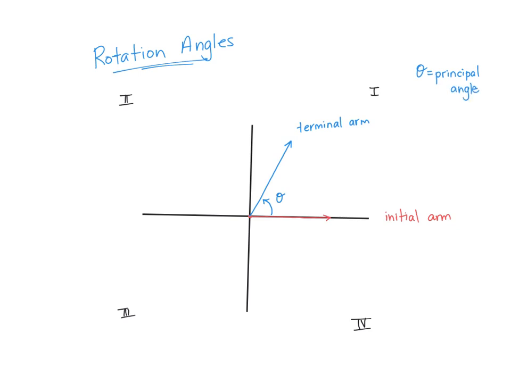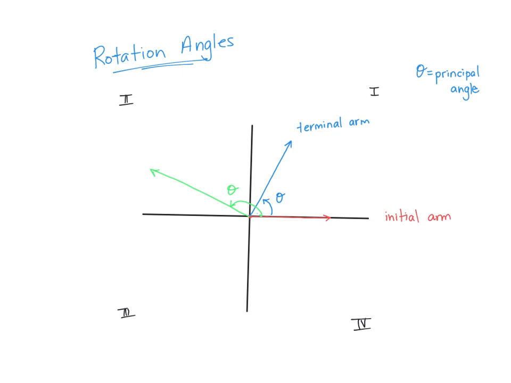I could have, however, continued from my initial arm. Let's say instead of stopping in quadrant 1, I had started at my initial arm where all of our angle rotations begin, and I continued to rotate up through the first quadrant, and let's say I rotated into the second quadrant and instead labeled that as angle theta.